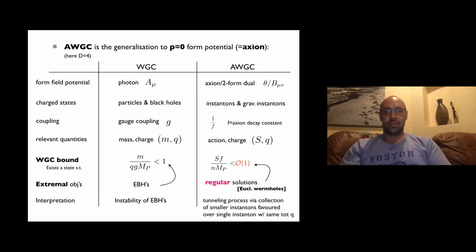I want to stress that the axionic version of the weak gravity conjecture is still not very much understood. So what we take as a reference point, the analogue of the extremal black holes in this formulation, are regular Euclidean wormholes. Also because there are other kinds of gravitational instantons, and these are not regular solutions.